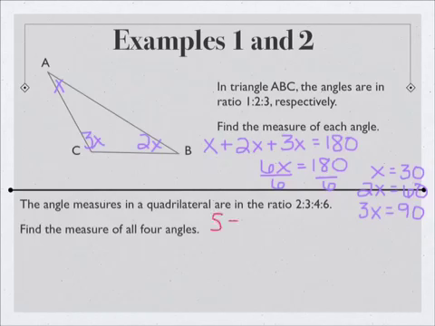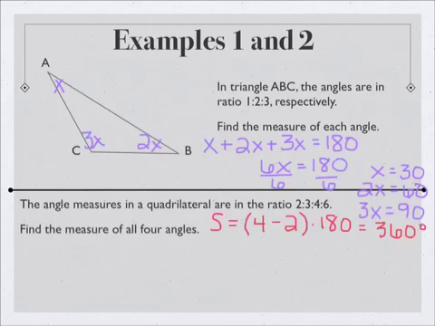I'm going to take the number of sides, which is 4, minus 2, and multiply by 180. That's 2 times 180, which is 360.